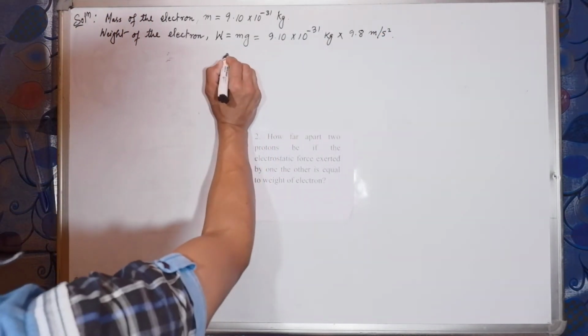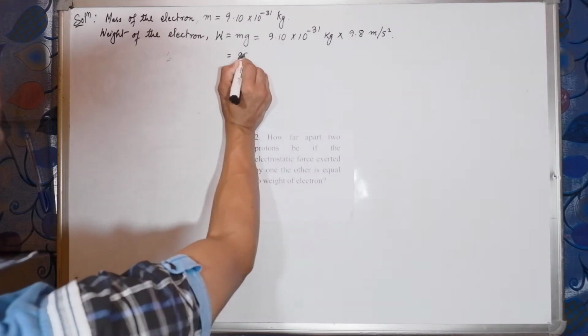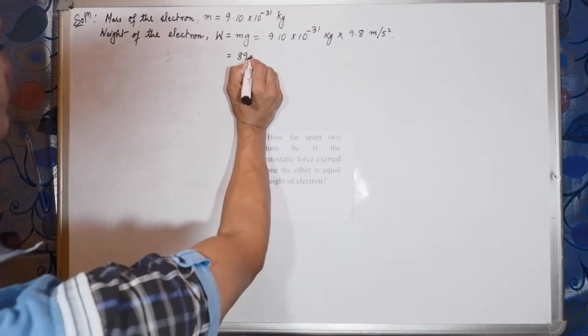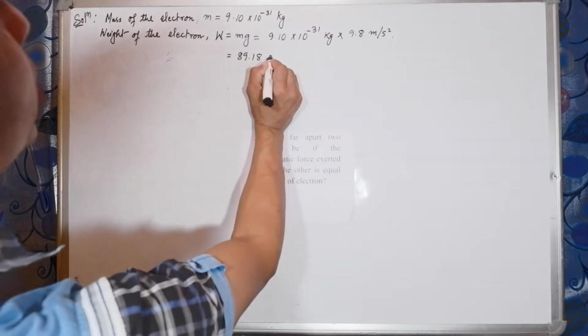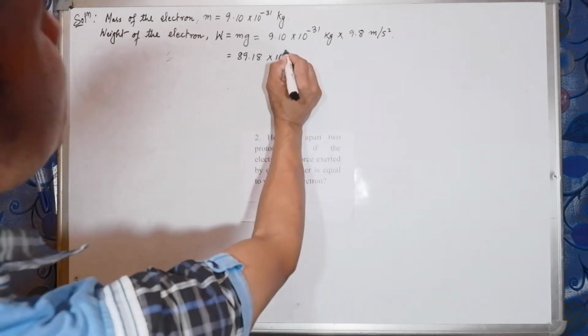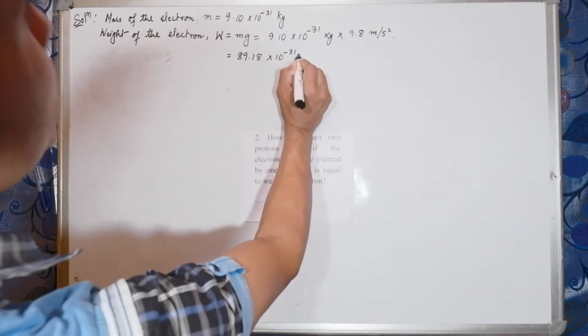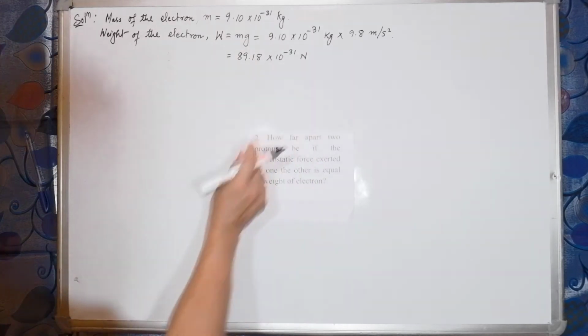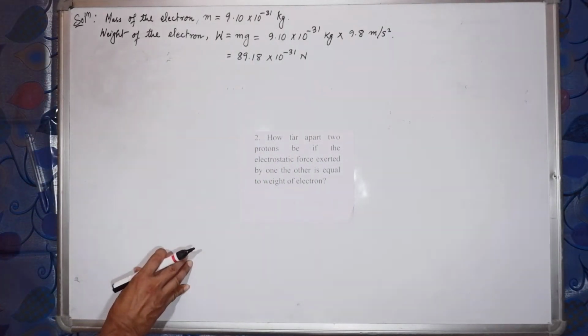Then after calculation we get 89.18 into 10 to the power minus 31 Newton. So this is the weight of the electron.